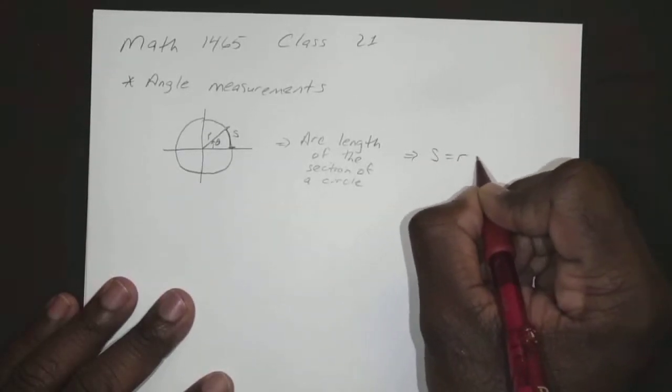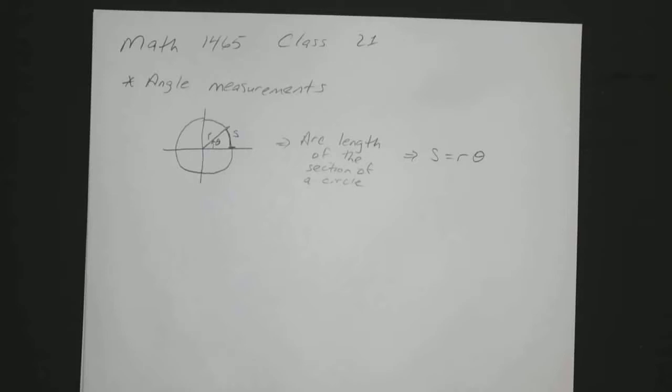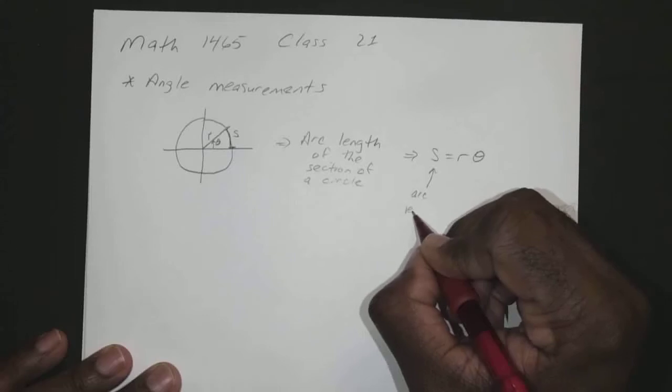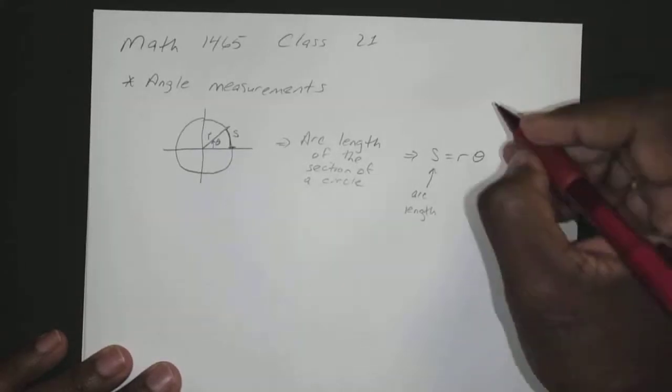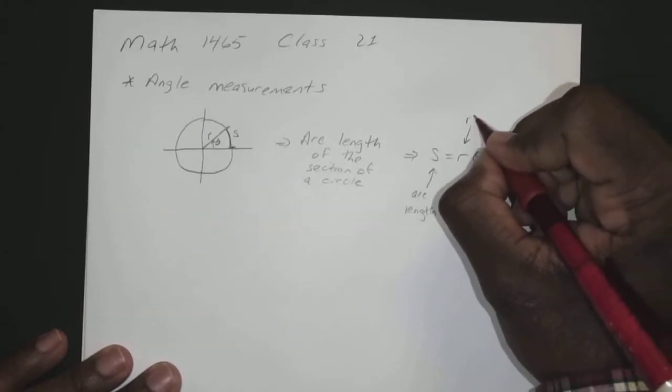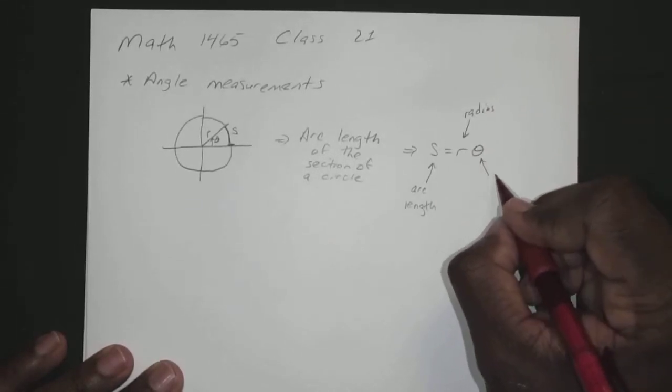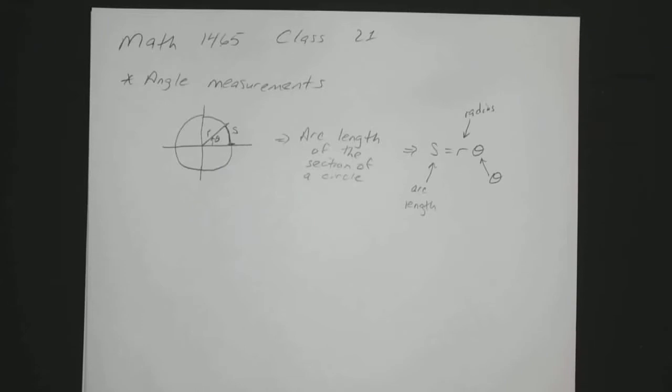That'll be s equals r times theta, where s is your arc length, r is your radius, and that's your theta.